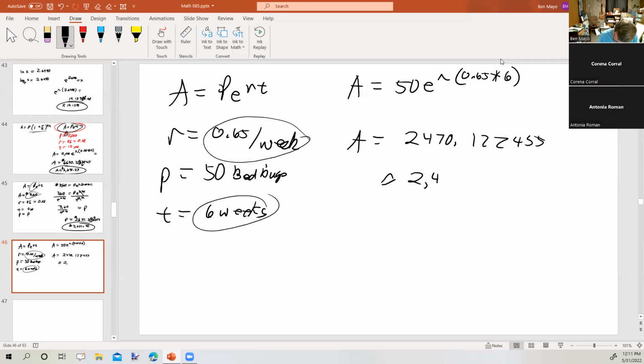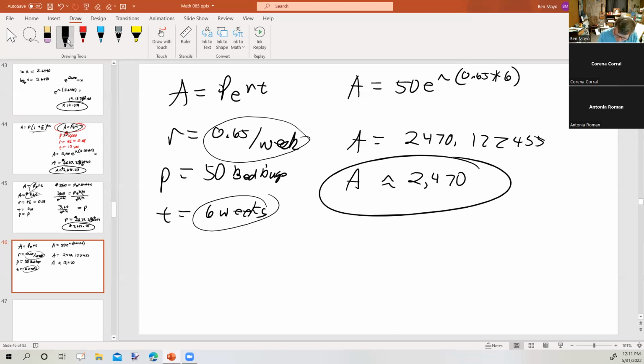So approximately, that's supposed to be an approximate symbol, 2,470 bed bugs. Good. Isn't that lovely? All right, we okay with that?